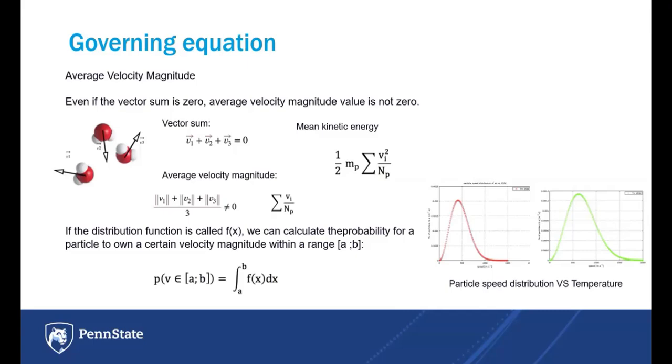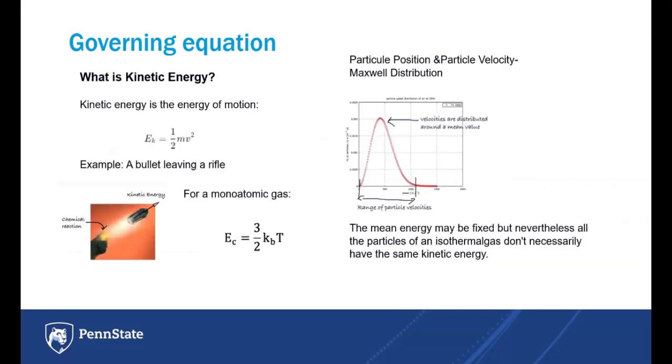But here let's talk about an example first. For kinetic energy, a bullet has a high speed after detonation, and therefore high kinetic energy, which can cause damage. Now, zooming into the microscopic world, gas particles behave similarly. They are like millions of tiny bullets, all moving in different directions.